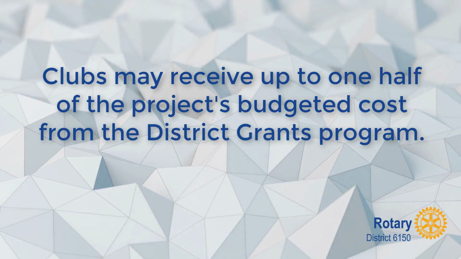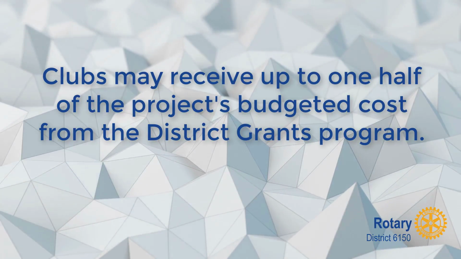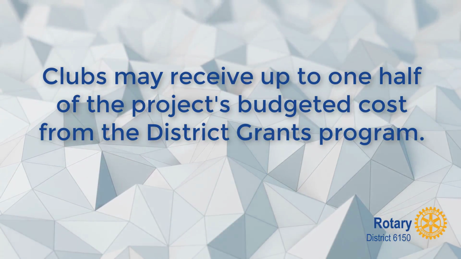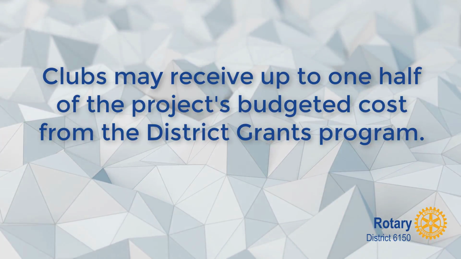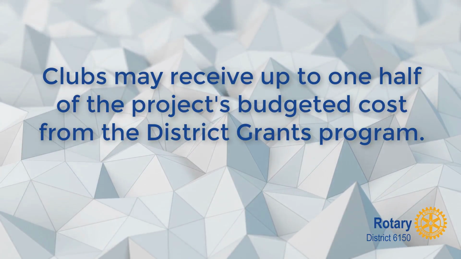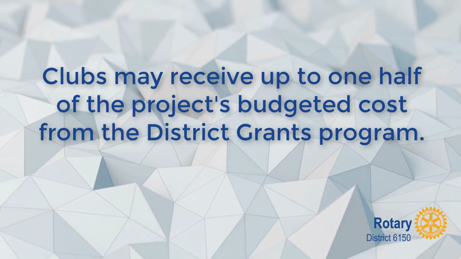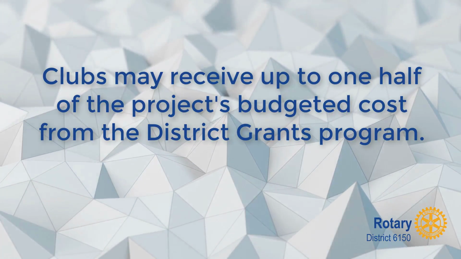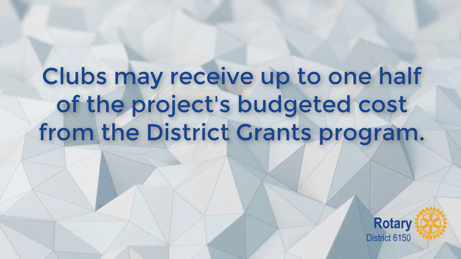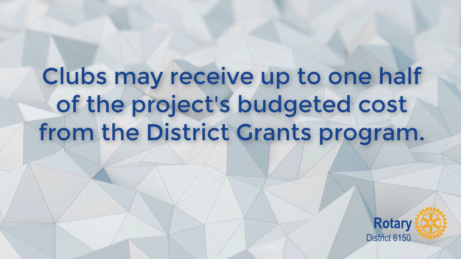The district will fund up to a half, and possibly there are other organizations that the club may find that could help fund that particular project, but the district will fund up to a half of the total budgeted cost of the project. For a simple example, if your total project is $2,000, the district will fund up to $1,000 of that $2,000 project.